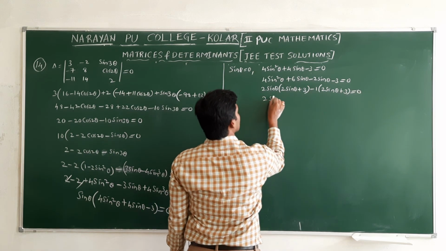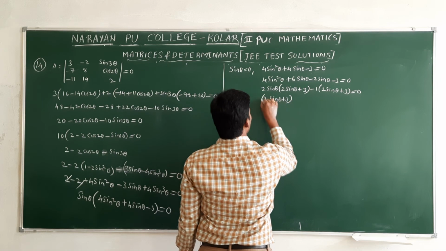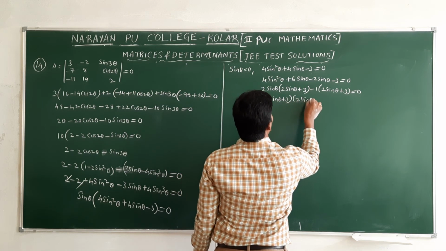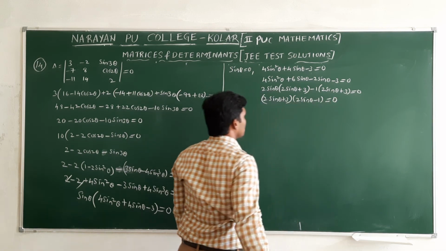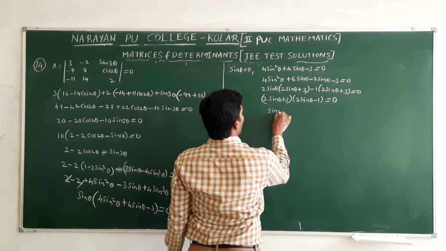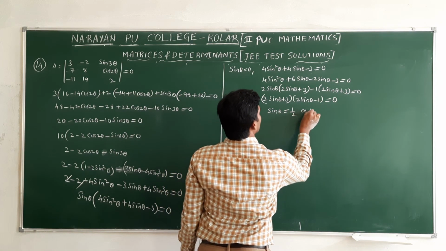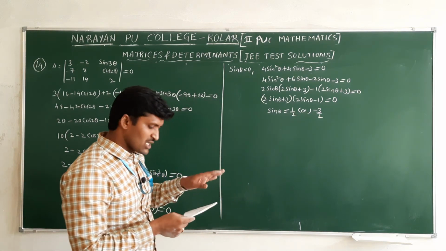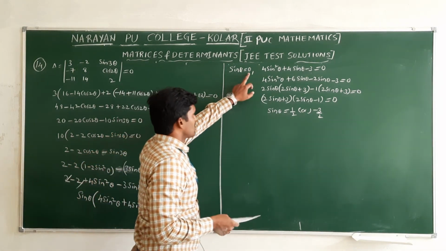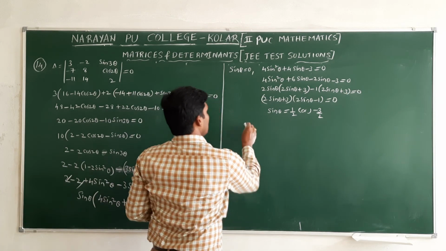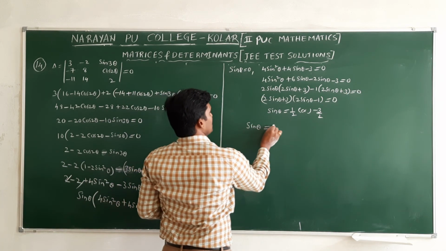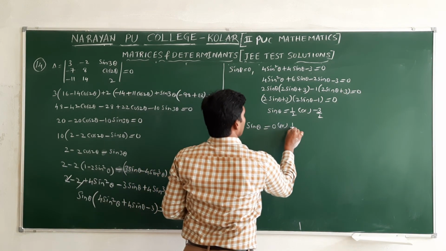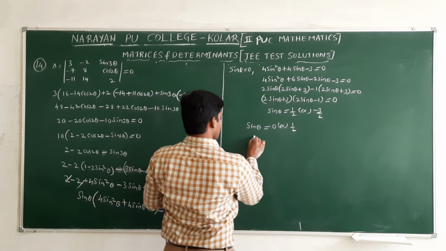Overall 2 sin theta plus 3 common, remaining 2 sin theta minus 1 equal to 0. From this, sin theta is either 1 by 2 or minus 3 by 2. But minus 3 by 2 is not given, while 0 is given and 1 by 2 is there. So we are taking only two values, 0 or 1 by 2. That is, the first option is correct.